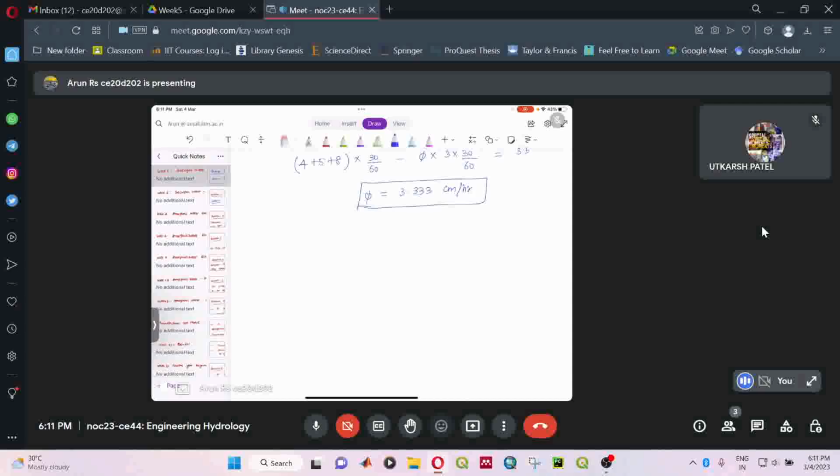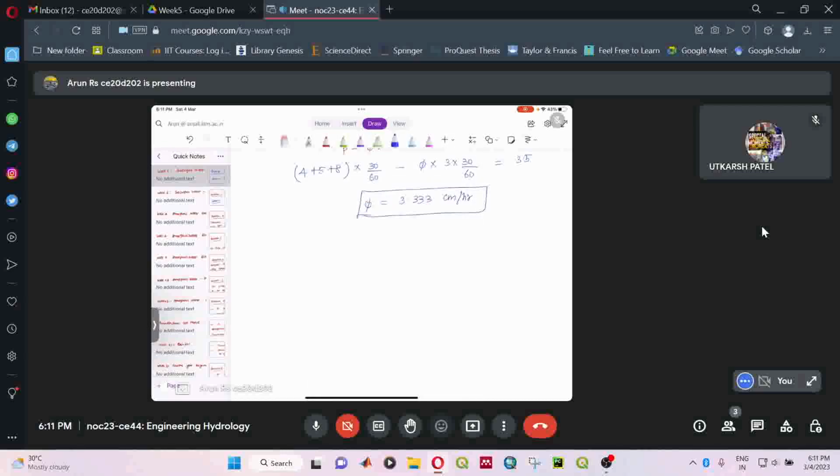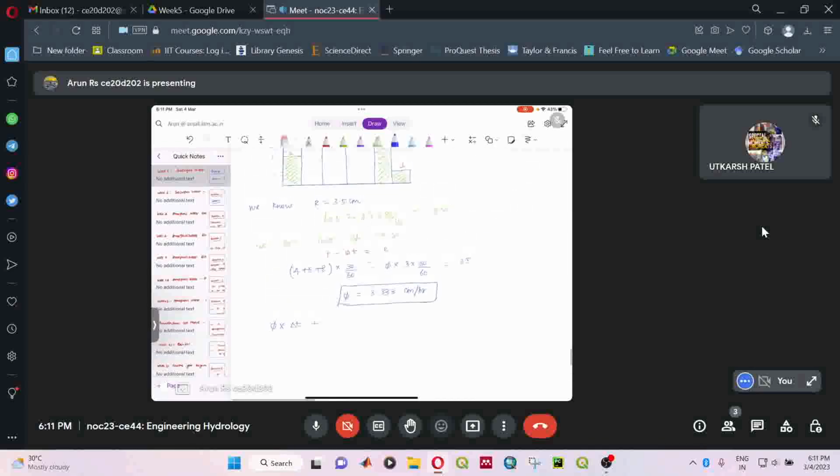So how to check whether it is correct or not? Simply we can check like this. You can do an inverse calculation: phi into delta t plus whatever the blocks which you eliminated, you can add them up.